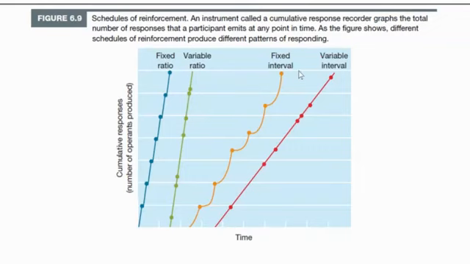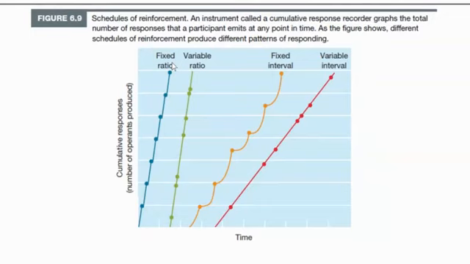But before that, let me give an example of what a fixed ratio is. This kind of thing usually occurs if you're a factory worker, a blue collar worker. You're paid a certain amount of money for a certain number of items you manufacture or assemble, right?